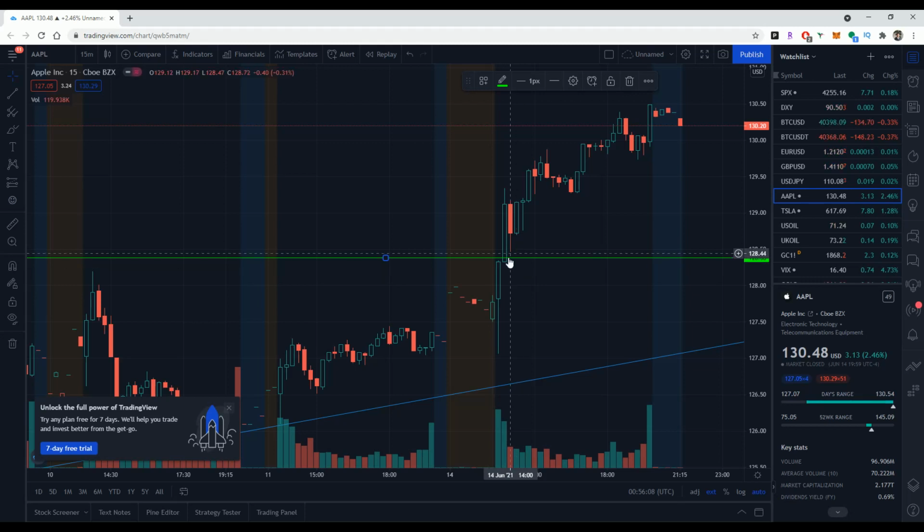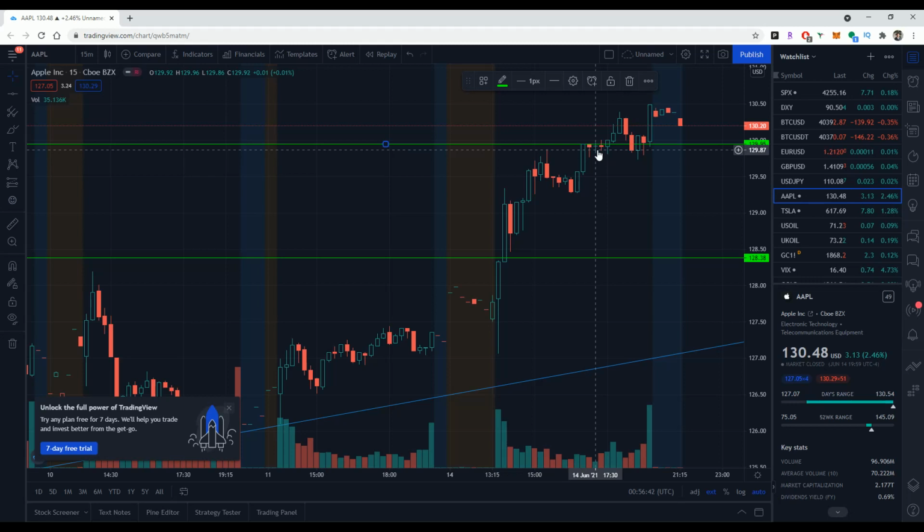So I entered here, and I rode it all the way up to right before it hit the 130 mark. When it got to right here, it felt like it was struggling a little bit. I was up a significant amount, and the general rule of thumb for me is that if I'm going to be swing trading or day trading, I try to take profit at about 20 to 30%. Sometimes 50% would be the limit if I plan on day trading.